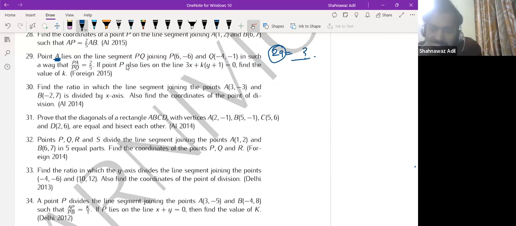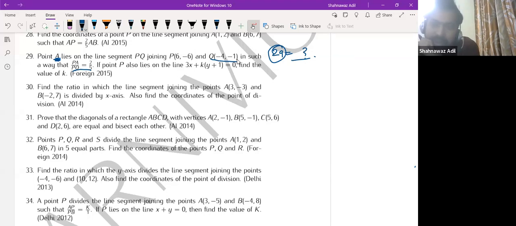I guess this question is not correct, because if we go by the question, what would be the answer? We don't need this information, we also need this information.